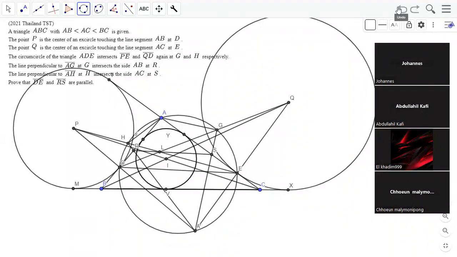So, I mean, we want to show that HAD. How do we define H? We want to show HAD equals PLR.